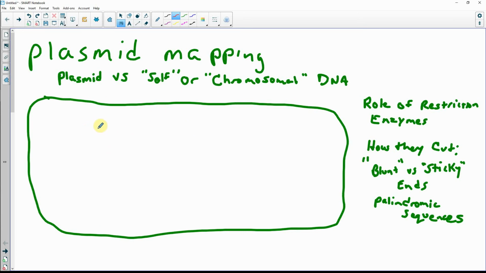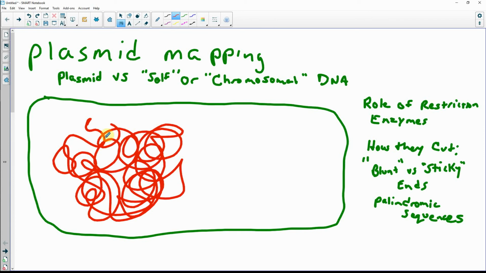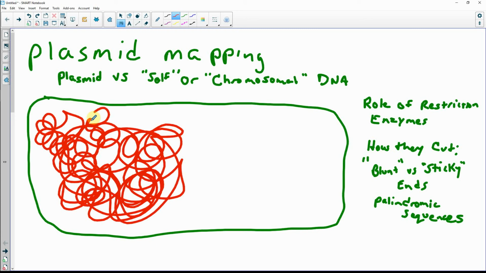So a bacteria has usually two pieces of DNA. One of them is a mess, but it's a big mess. Just go with the fact that it's a big red line, but it is double stranded and it's tangled. And this is what we call chromosomal DNA, or the bacteria's self DNA.